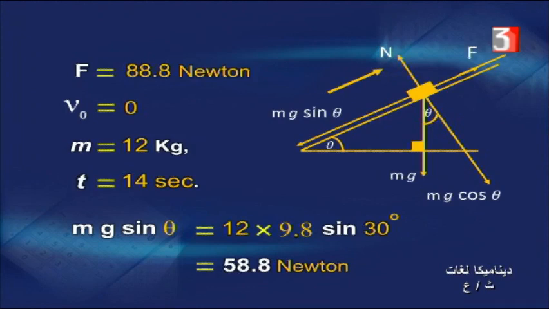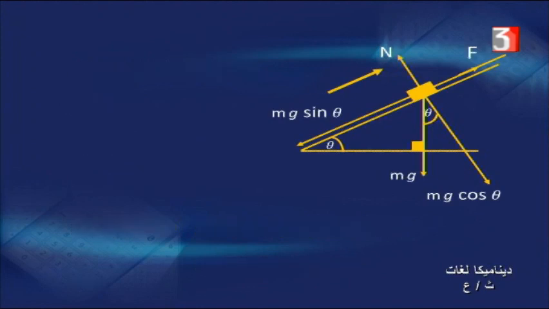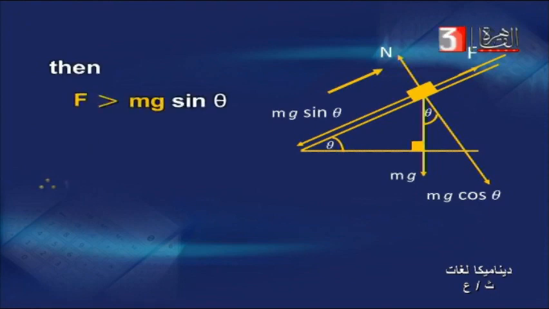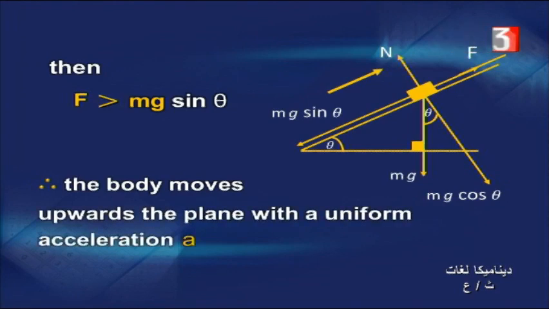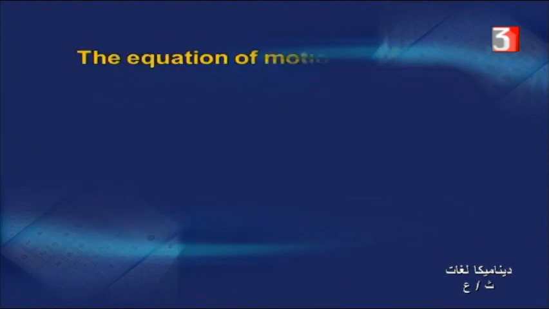Then F is bigger than mg sine theta, and the body moves upwards the plane with a uniform acceleration a. Now the equation of motion of the body.